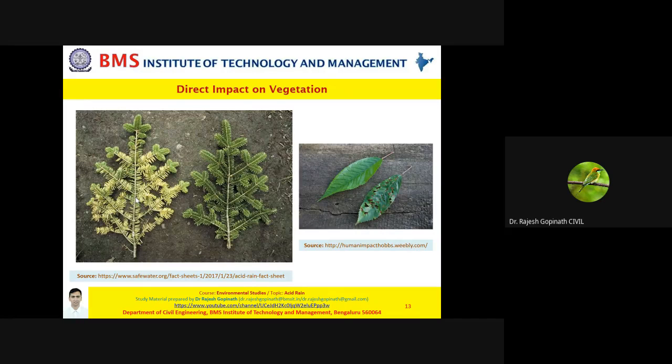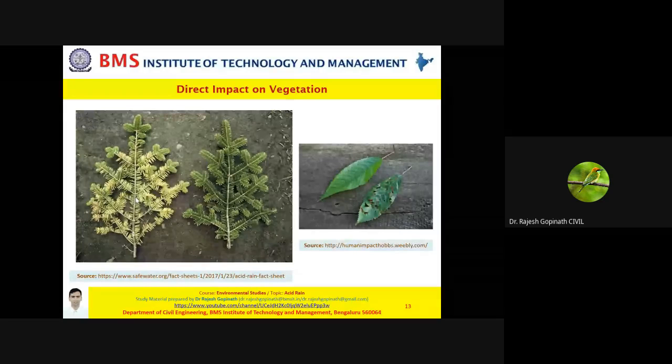And please understand, only green plants can prepare food, because only green plants can synthesize the operation of photosynthesis, because they contain chlorophyll, the green pigment. Now what happens is, when acid rain falls on your plants and leaves, acid will destroy this chlorophyll which is present in the leaves.